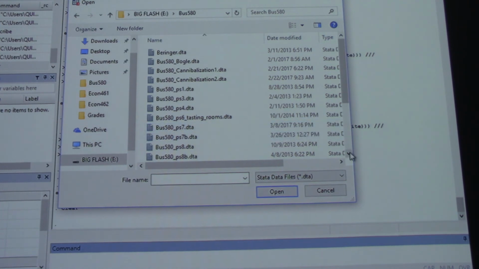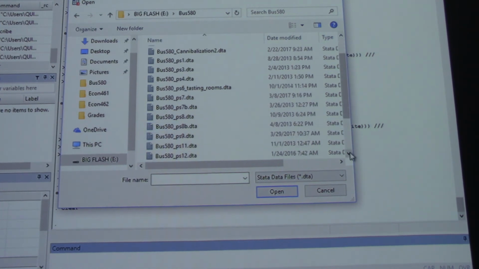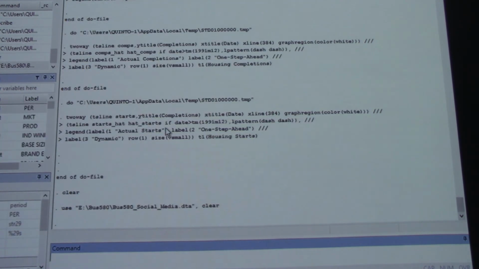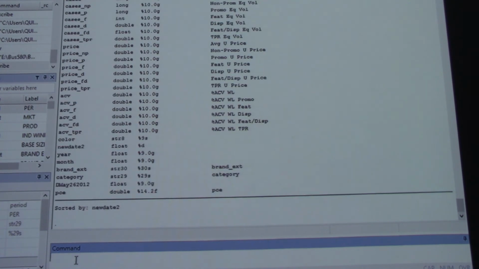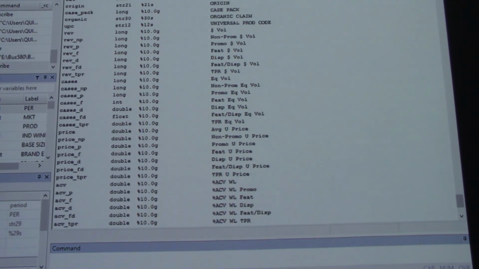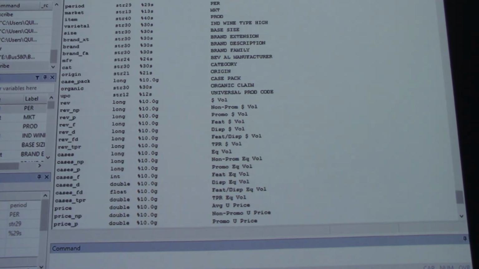Tasting room, cannibalization. I got 2 cannibalizations. That's a lot of cannibals. Social media. All right. So what do we got here? Describe. So usually I exclude a lot of these variables from our data sets, but I kept this one with a little bit more of the data.